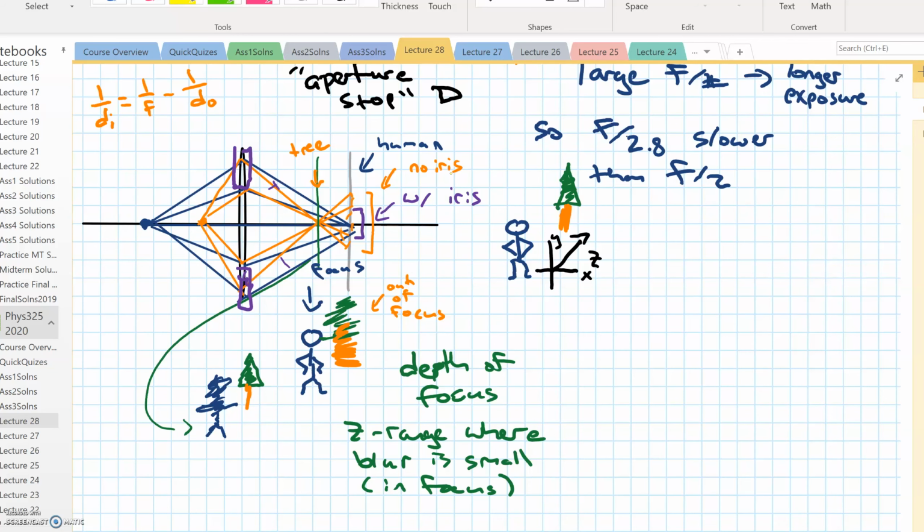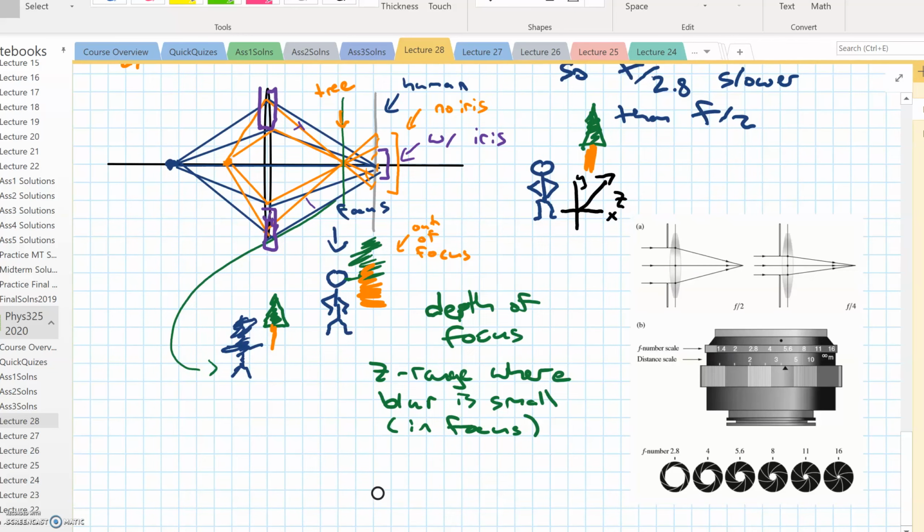So you get images that look something like this, and we see we reduce the blur due to the rays by reducing the field stop from here to there. We're letting less light in as well, and that's by changing your F number. So an iris, something like this, is what you're actually changing, and you get this F number scale.